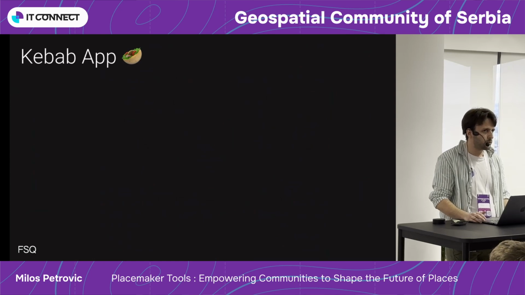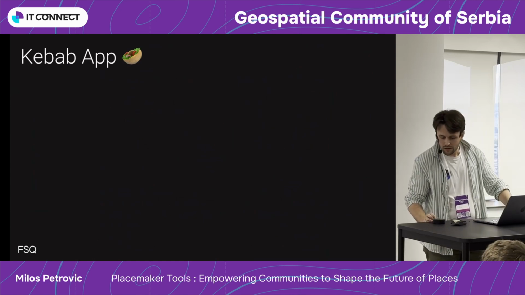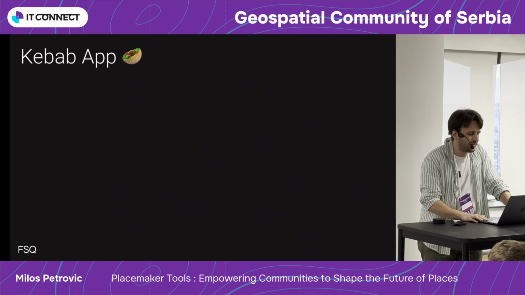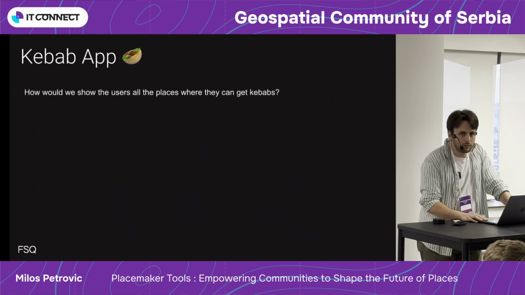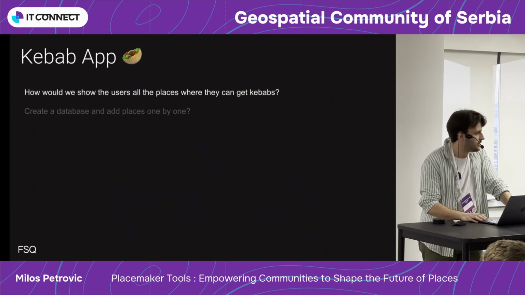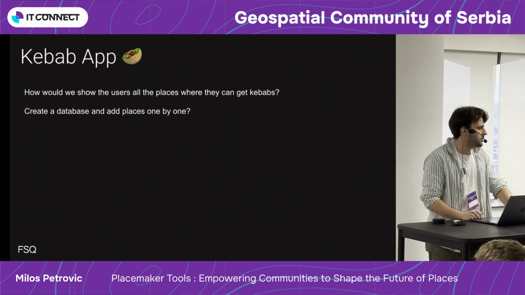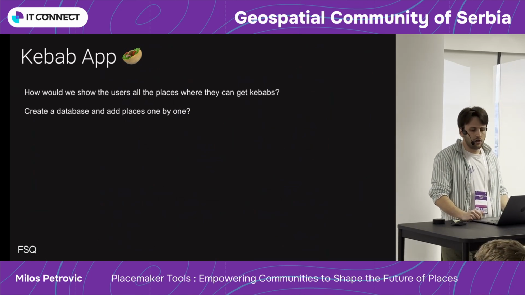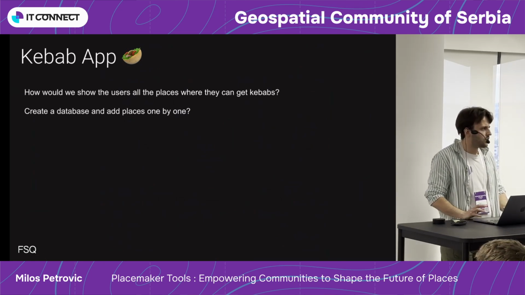The first problem we will probably encounter is how would we even show all of our users where they can get kebab spots, right? I guess the simplest way, the first thing that would come to our minds, is okay, let's create a database. We're going to fill this database with the kebab places we know. We're going to Google a bit, enter those places as well.